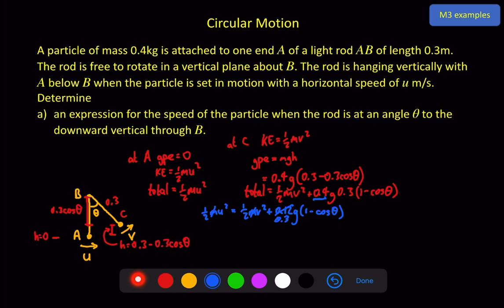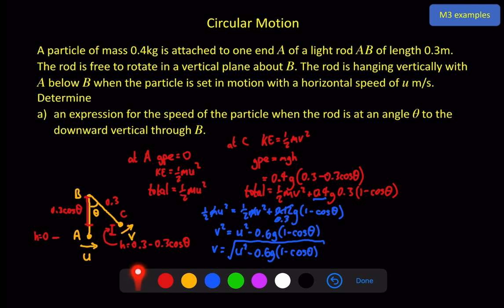I'm going to multiply everything by 2 and rearrange it slightly, so I get v squared is equal to u squared minus 0.6 g times 1 minus cos theta. And as horrible as that looks, we're now going to have to square root that to get v. Square root of u squared minus 0.6 g times 1 minus cos theta. And that is our expression for v at this point here.